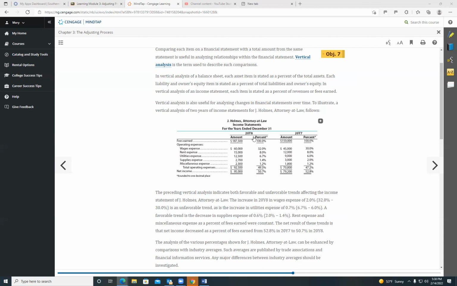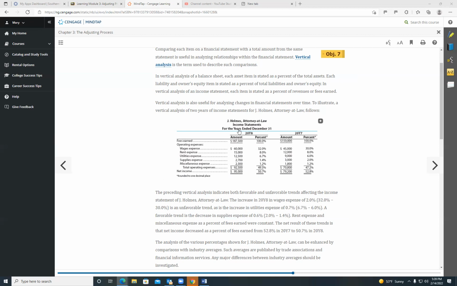Now, you could take this vertical analysis, all right, and here what they did was they took a vertical analysis and turned it into also a horizontal analysis. So what they did was they took 2 different years, did the vertical analysis of 2 different years, and then cross-compared them. So here you're doing a vertical analysis and then a horizontal analysis.